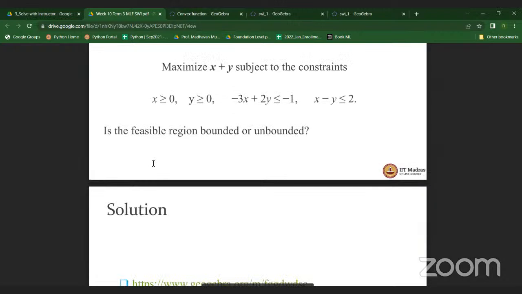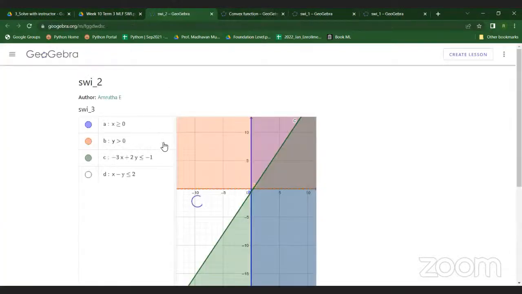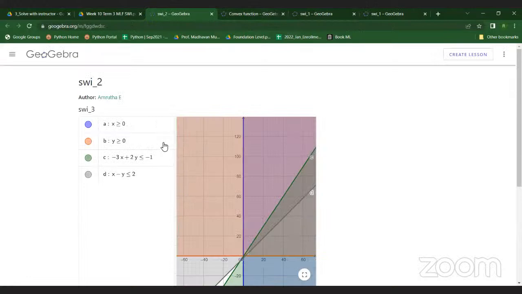Now if you look at this, we have here x greater than or equal to 0, y greater than or equal to 0. That's nothing but the first quadrant. Then we have minus 3x plus 2y less than or equal to minus 1.